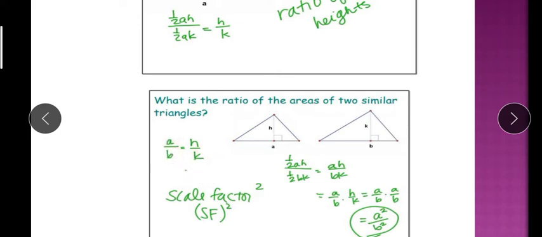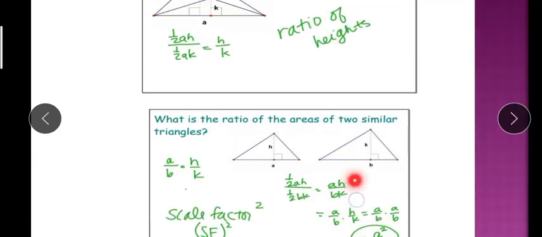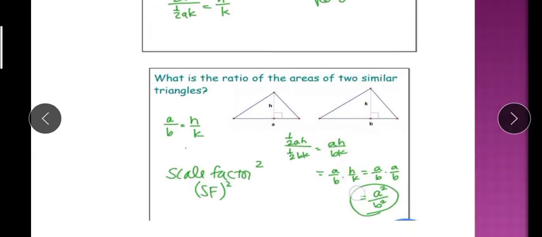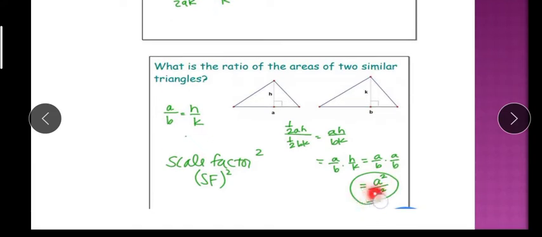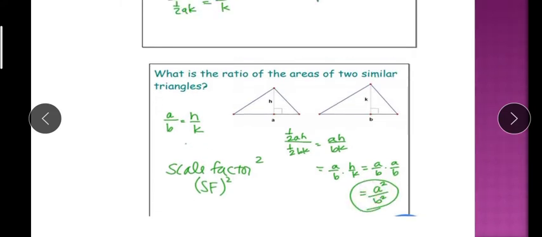Therefore A upon B is equal to H upon K. So instead of H upon K, I can put A upon B, and therefore their area ratio is the square of the scale factor. Scale factor means the ratio of the corresponding sides of the triangles. This we will prove by the theorem afterwards.